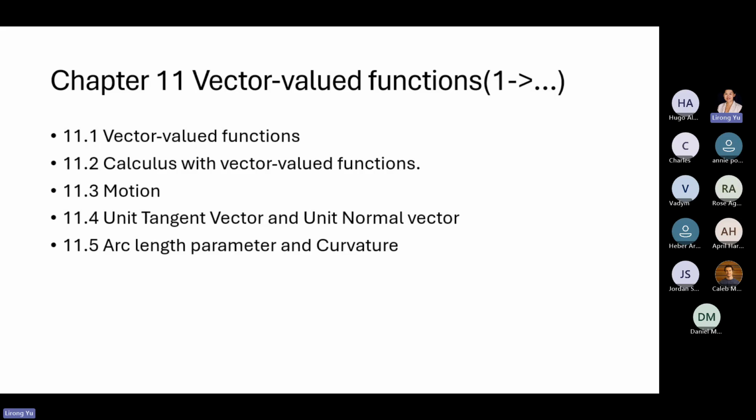That's why it's called arc length parameter. Using arc length parameter, we can lead out the notion of curvature. In the actual calculation of curvature, we prefer to use whatever parameter we have. We don't have to be limited to the arc length parameter.